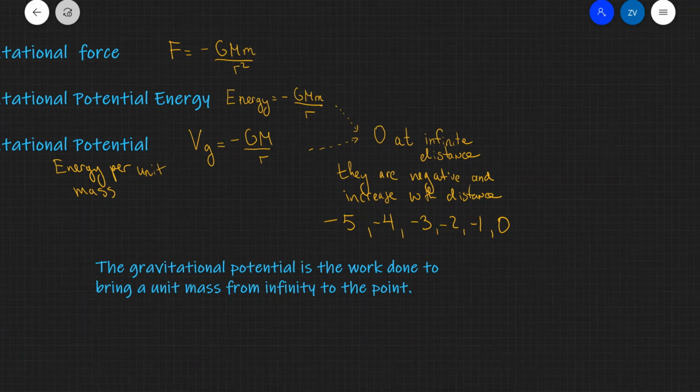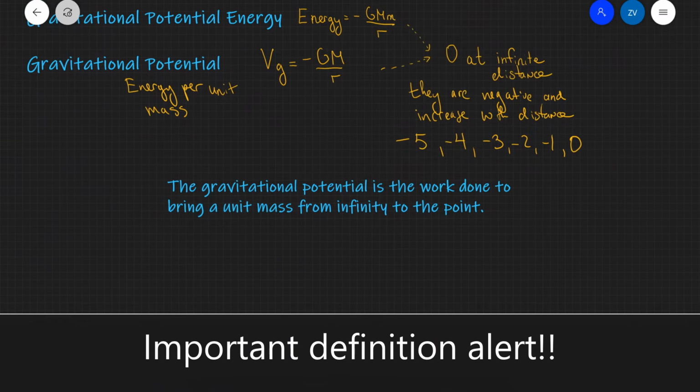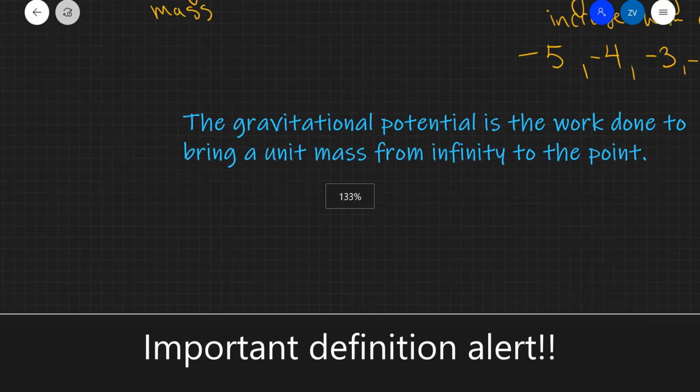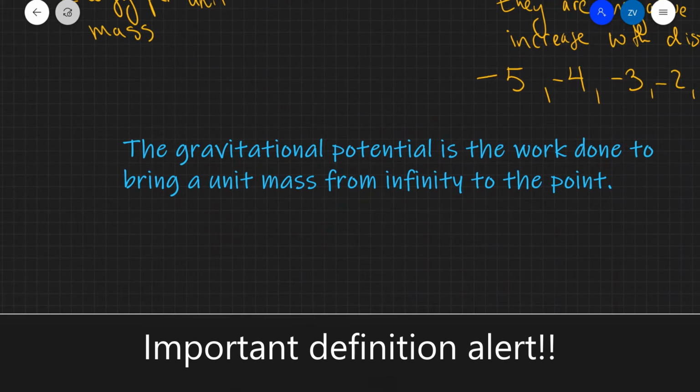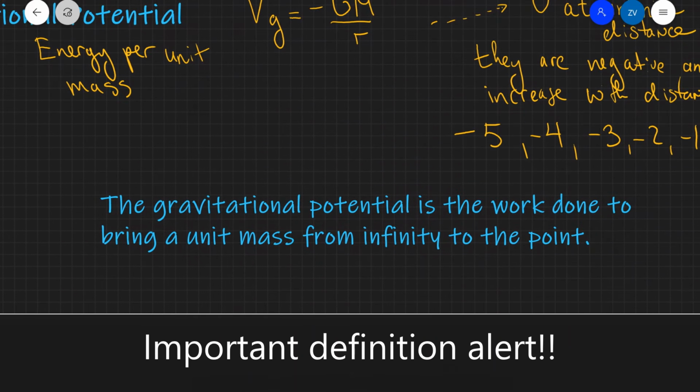This leads us to a very important definition for the gravitational potential. Remember the gravitational potential Vg is the work done required to bring a unit mass from infinity to the point. We need to make sure that we remember this definition for our A-level physics exam.